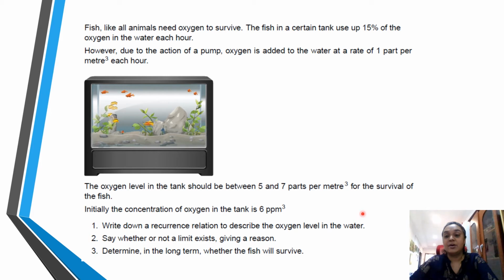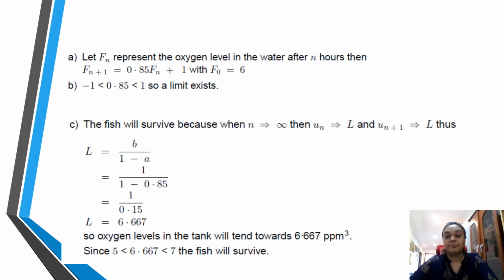So in order to write down the recurrence relation, for example, if we take Fn, subscript n, as the particular symbol which represents the oxygen level in the water after n hours.